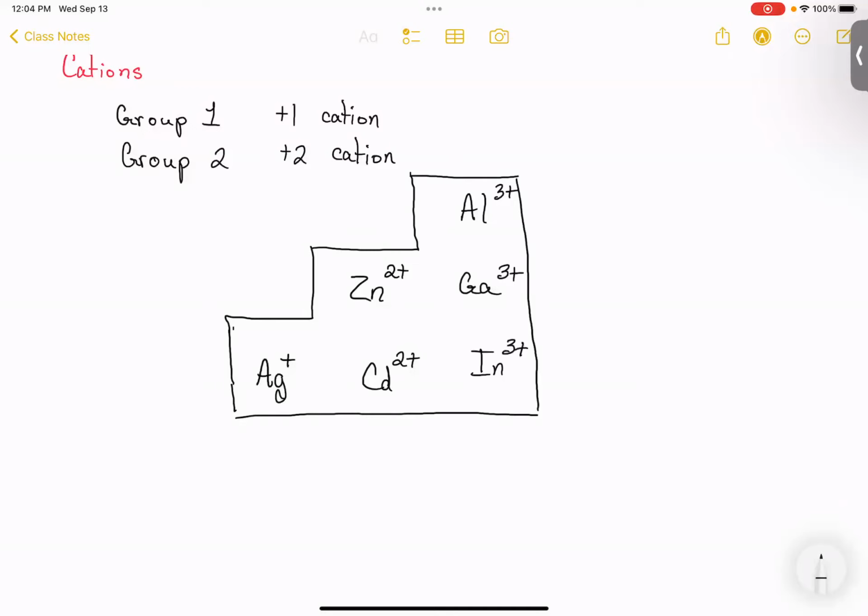Folks, you need to know this grouping of elements when it comes to naming compounds.